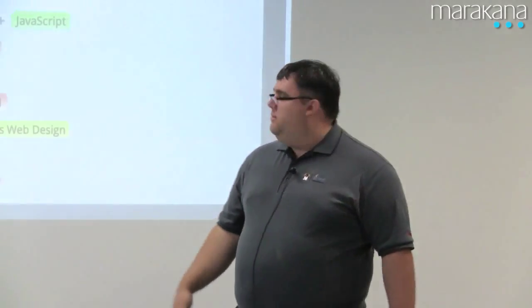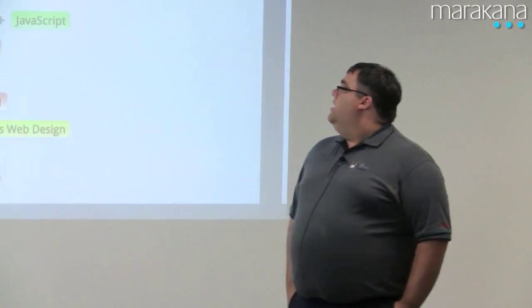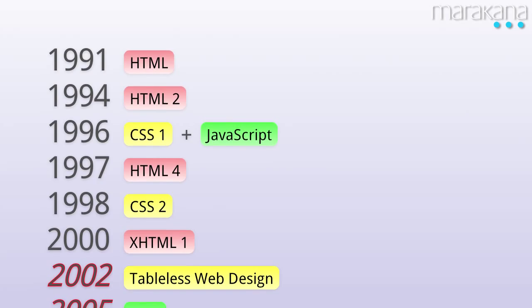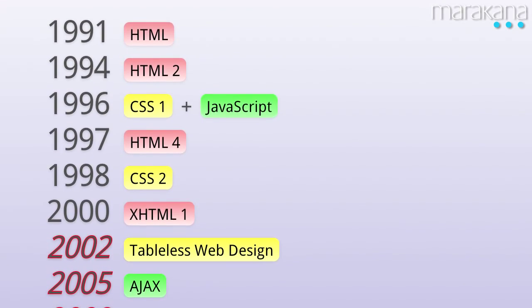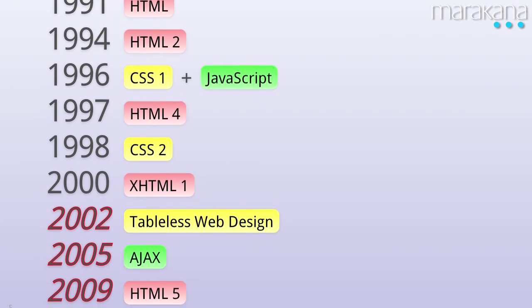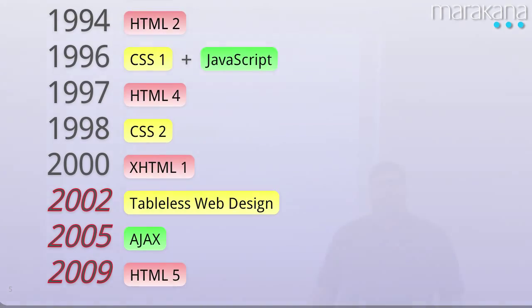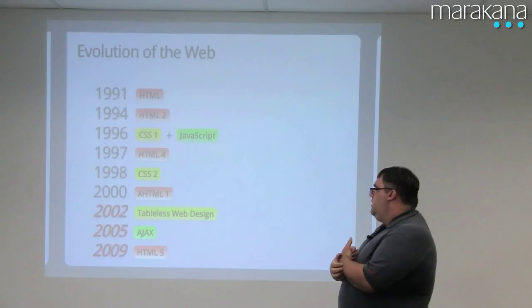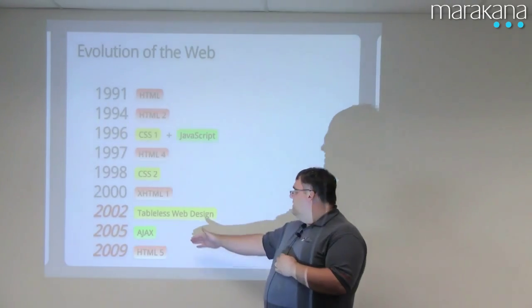So, the evolution of the web, right? You guys are all familiar with this. HTML, HTML 2, HTML 4. Things get interesting in this area where we start moving into CSS rather than table-based layouts, moving toward Ajax, 2005.